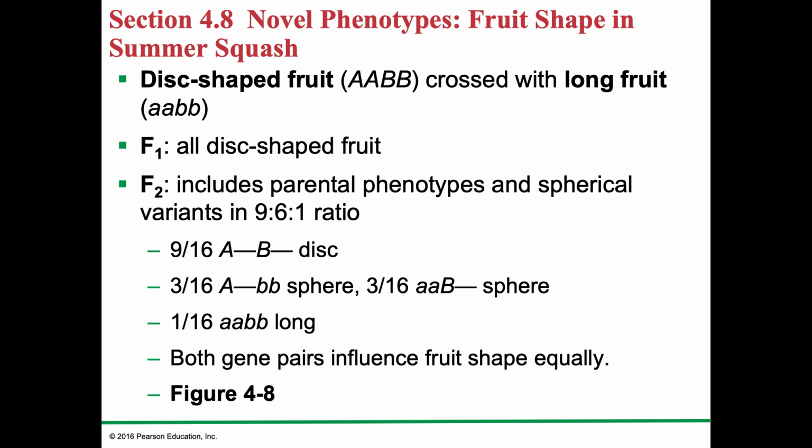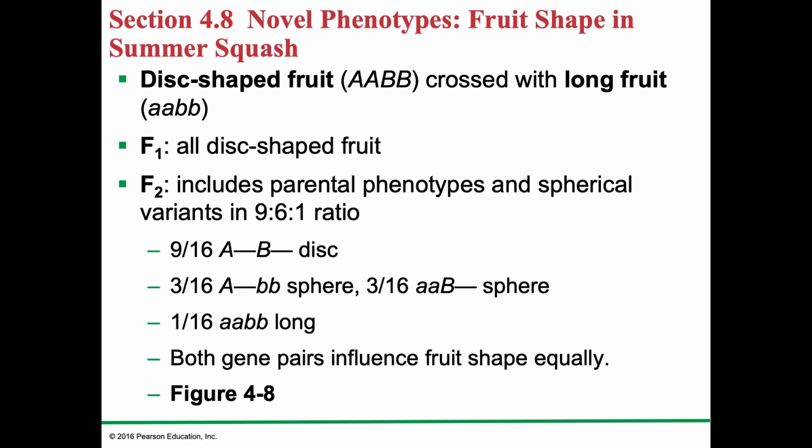Okay. So this is the last example of these kinds of epistatic interactions, a type of epistasis where you end up seeing a novel phenotype in the F2 generation. In this case, they are talking about squash. I love squash, so it's a good food to talk about.